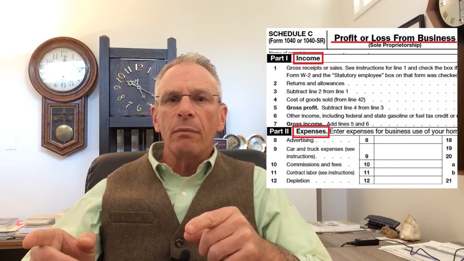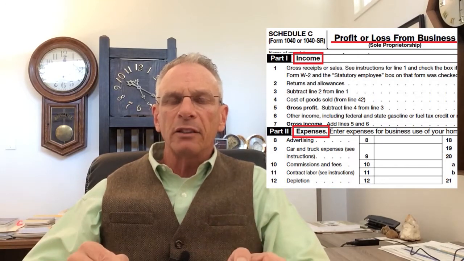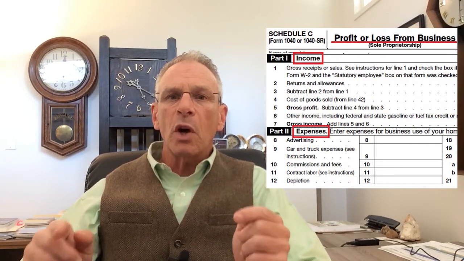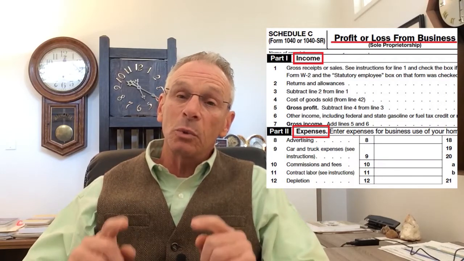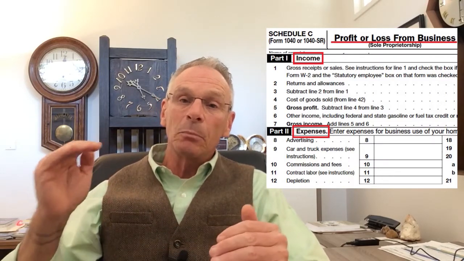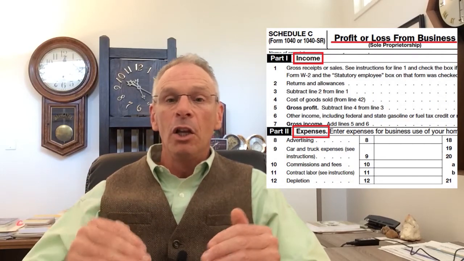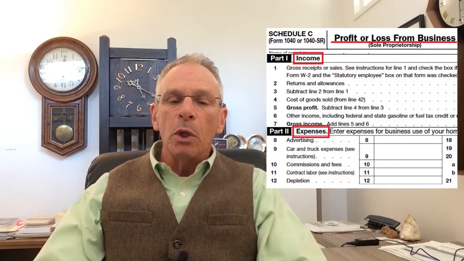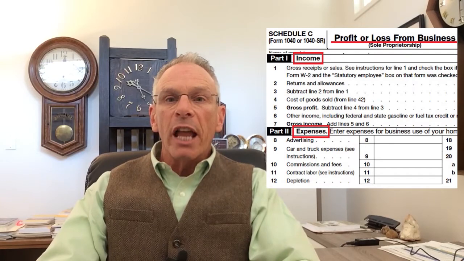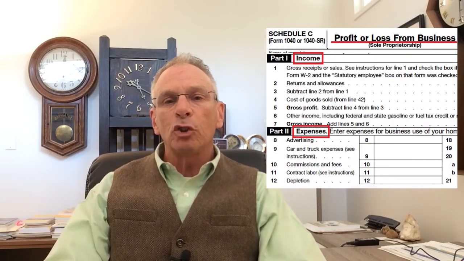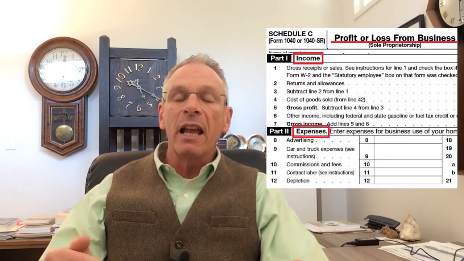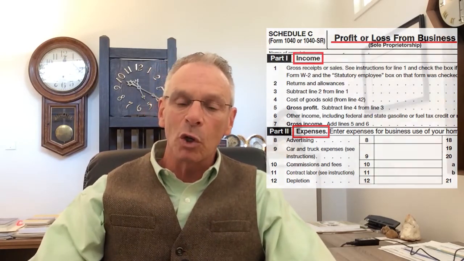But that's not the number I'm going to use to estimate my income, because I need to subtract my expenses from it. And that's what Schedule C does. It subtracts your expenses from your business income. Things such as your communication, your internet, office supplies, travel, all of that gets deducted and then put on Schedule C, which is fed onto Schedule 1, which then goes on to your adjusted gross income.